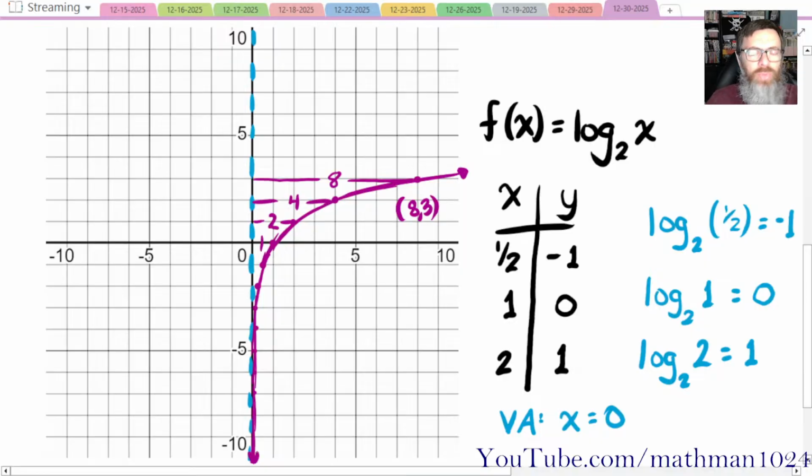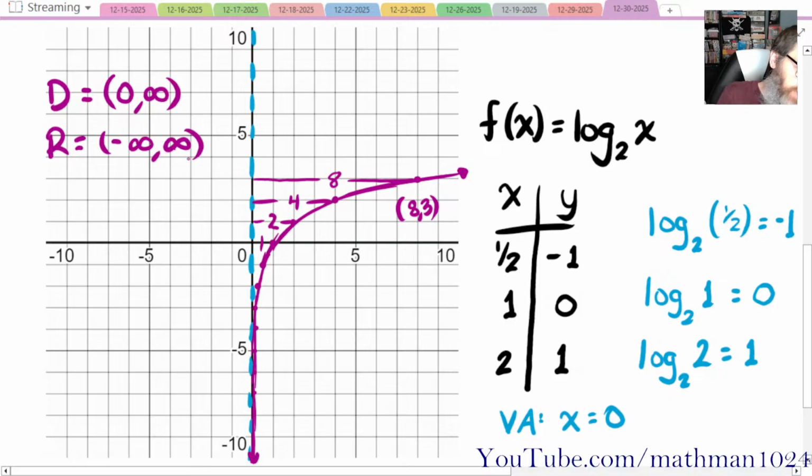So I hope from here that we can see that our domain, as stated up above here, is 0 to infinity, not including 0. The range is going to be from negative infinity to infinity. And we've got this vertical asymptote of x equals 0.